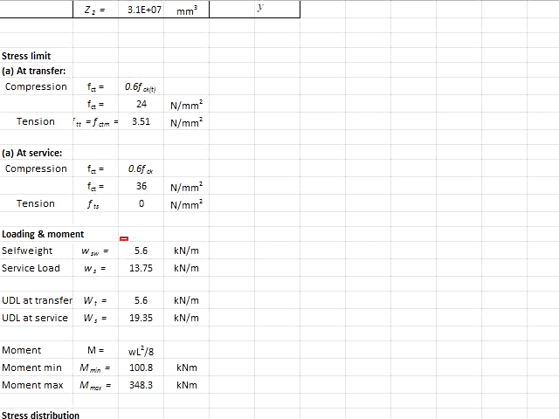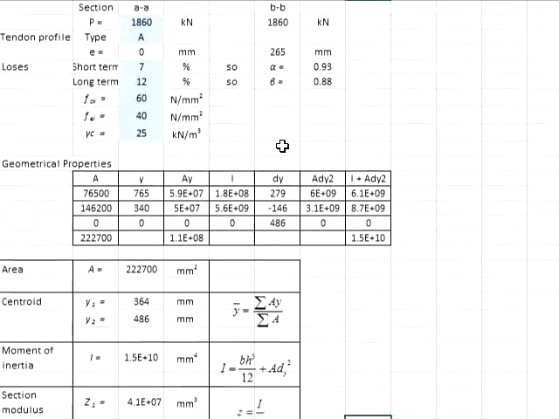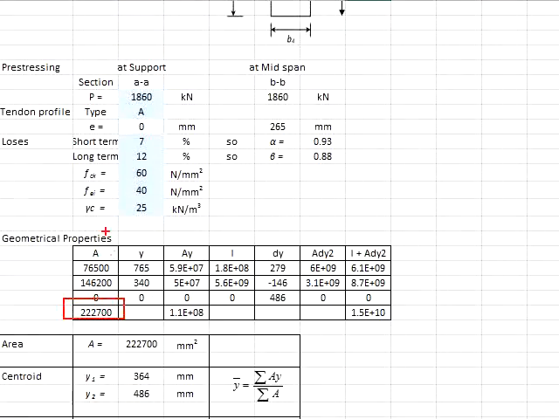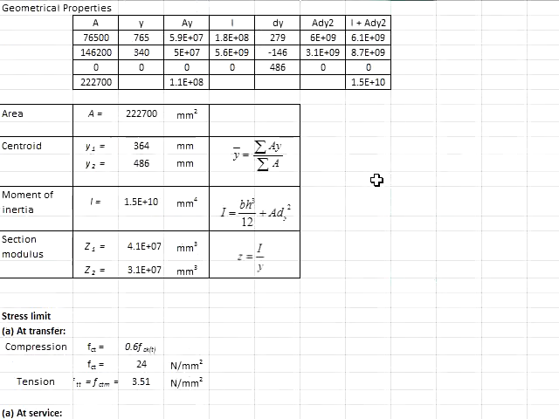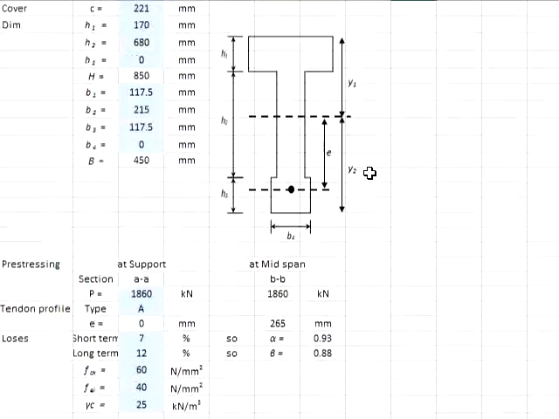The self-weight of the member is calculated by multiplying the area of the member with the unit load of the concrete. As for the service load, it will be the summation of the self-weight plus the GK and QK.